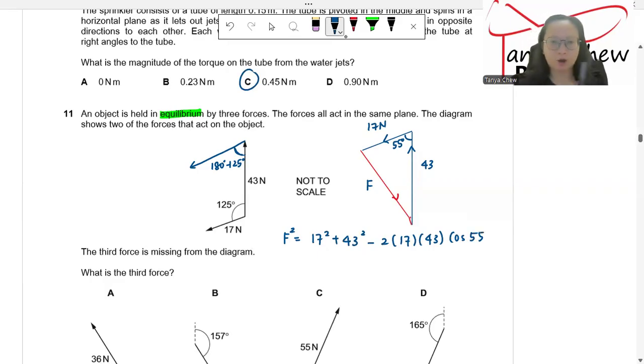From there, I got F squared is equal to 1299.43. Therefore, F is equal to the square root of the answer, and I got 36. So 36 Newton is the answer.